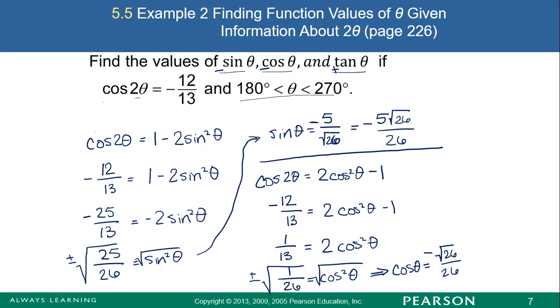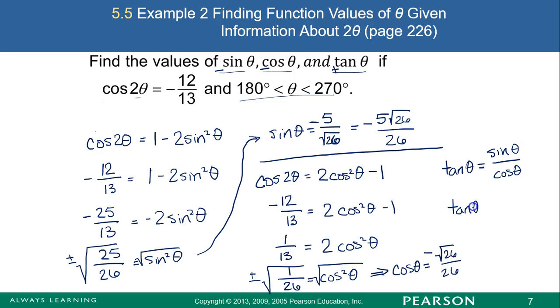Okay, now we have sine and we have cosine, so it's not necessary for us to use any more double angle identities at this point. So what we're going to do to find tangent of theta is use the fact that tangent of theta is equal to sine over cosine of theta.